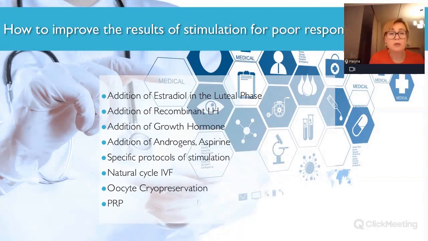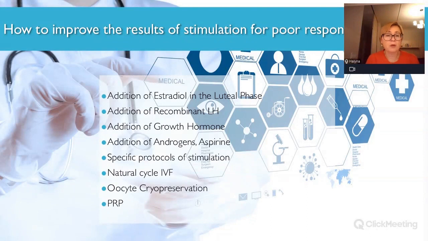For stimulation, quite often we add recombinant LH, because with poor ovarian reserve and after 35 years old, quite often a woman does not have enough LH during stimulation, especially when we are using a GnRH antagonist.